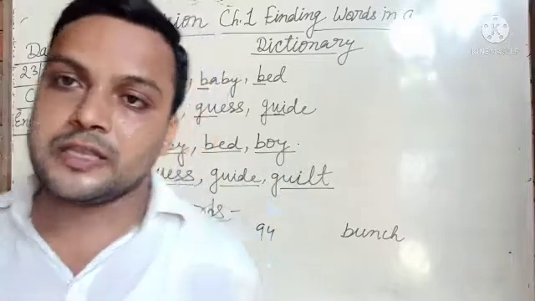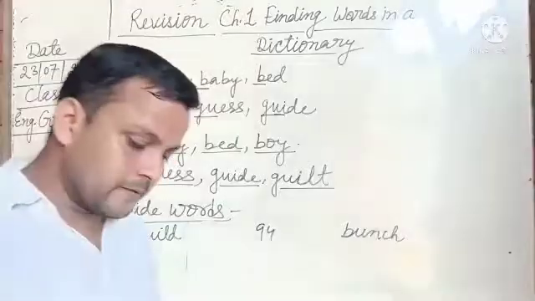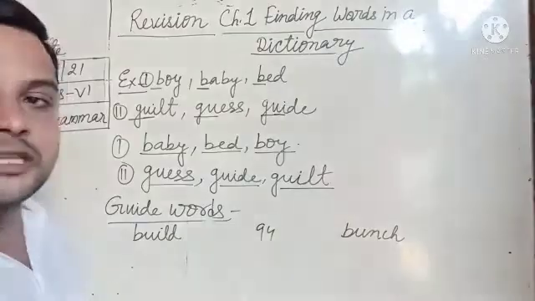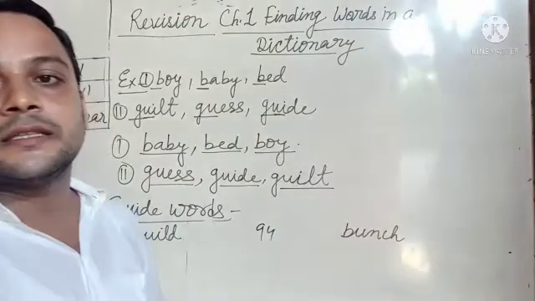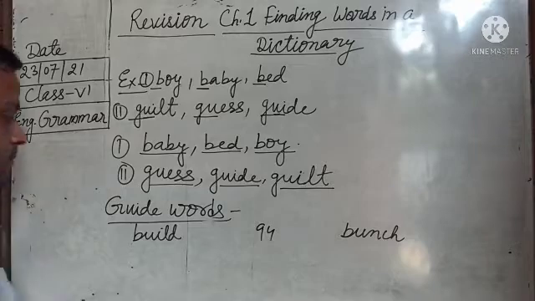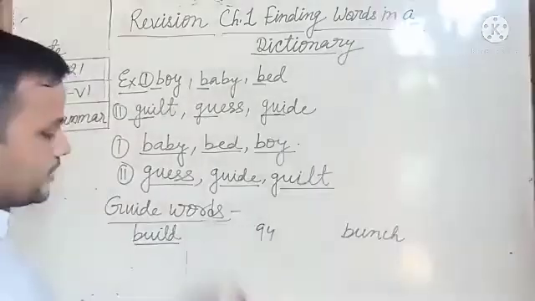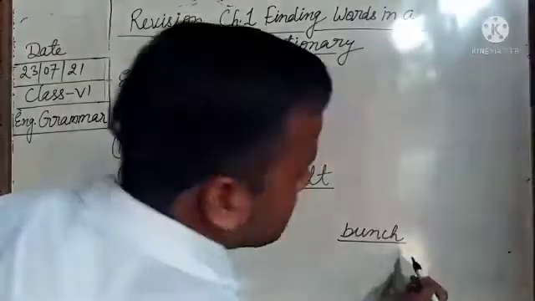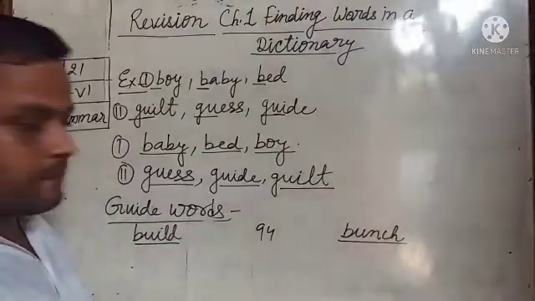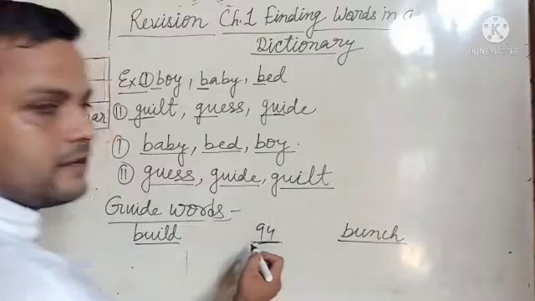The guide word on the left tells us the first word on the page, and the guide word on the right tells us the last word on the page. The first word is build, so it tells the first word on the page, and bunch tells the last word on the same page, page number 94.